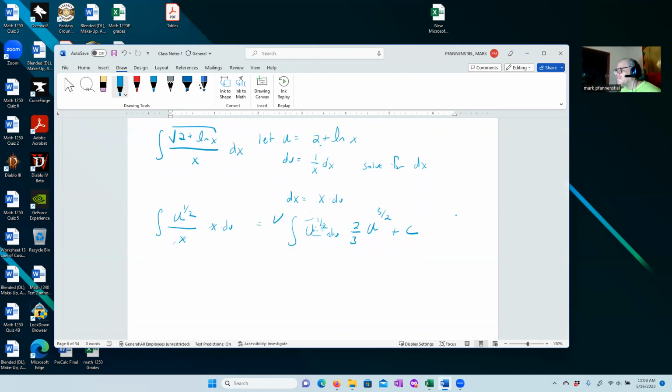I have a colleague for whom, if you forget your C, it's an automatic 1-point deduction. So if you have a 10-point integral quiz and you forget your C on every one of them, you might as well have not gotten out of bed this morning because it's automatically -10.